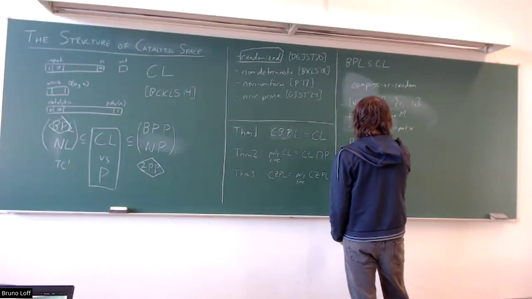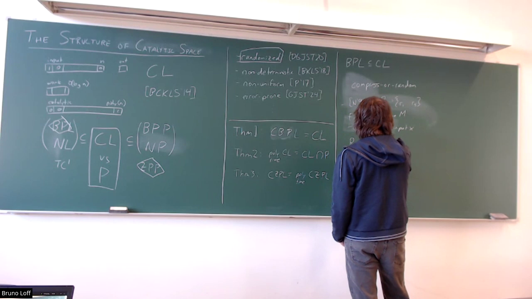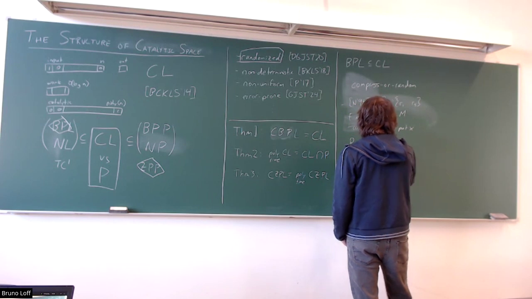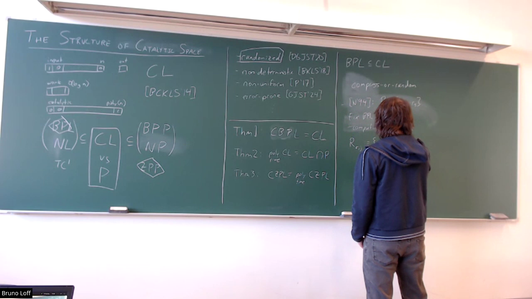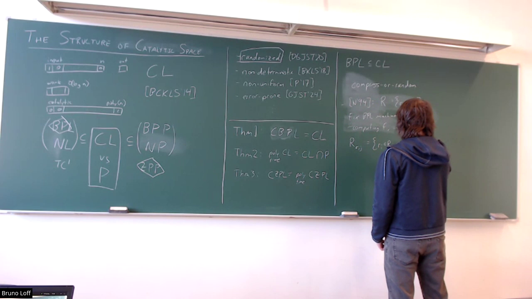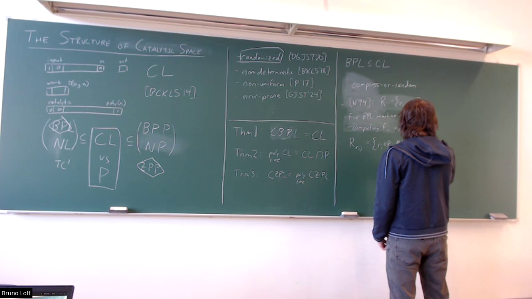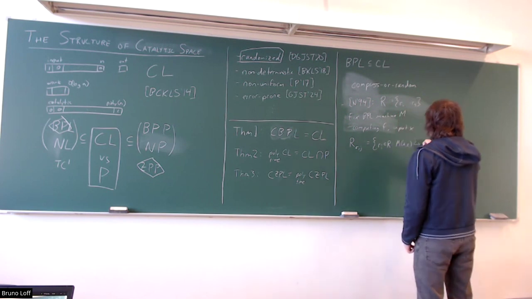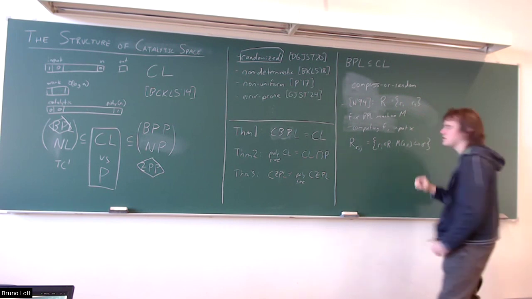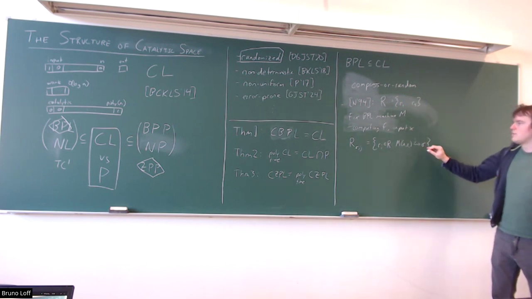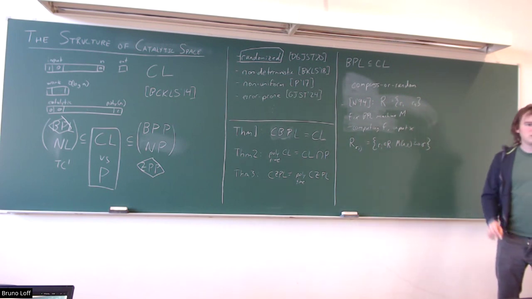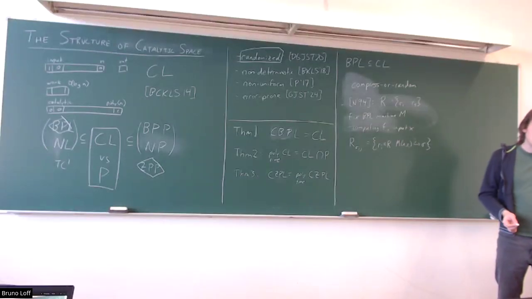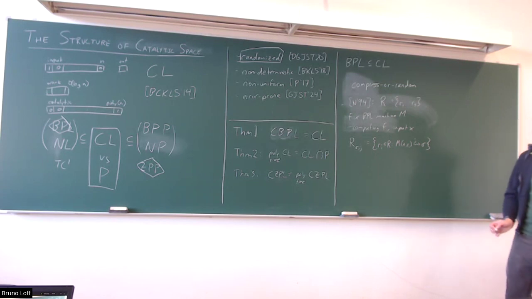We're going to define R sub sigma comma j as the set of random strings Ri such that if you run your machine on input x and random string Ri for j steps, you get into the configuration sigma. By configuration, I mean just the state of the BPL machine: what's written on the work tape, where the tape heads are, what the internal state of the machine is, all the information about the BPL machine.